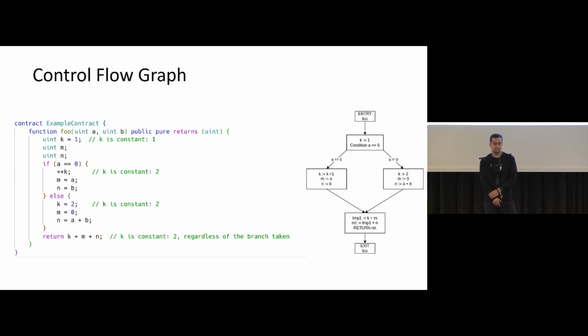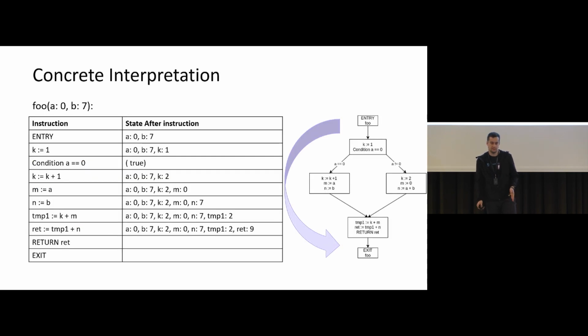And let's take a look how would we concretely test it first, right? If we were to test concretely, we would pass some values a and b to the function. The execution will be deterministic, so we're going to take some branch. In this case, it will be the left branch of this CFG, right?